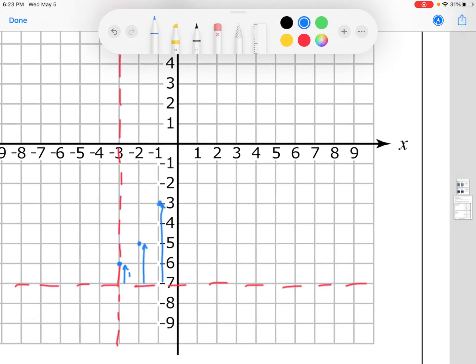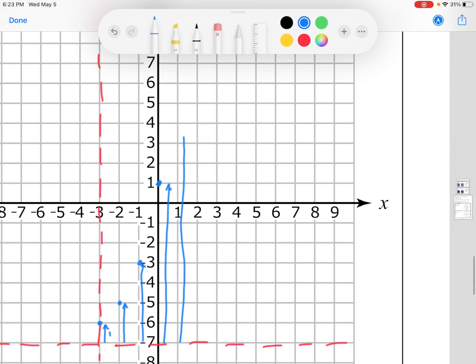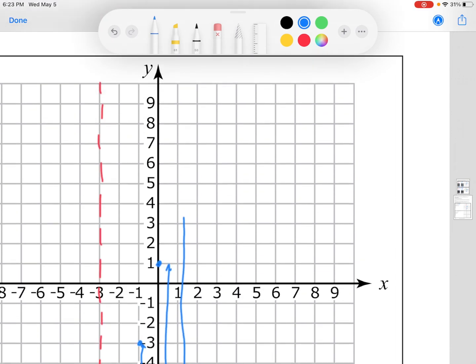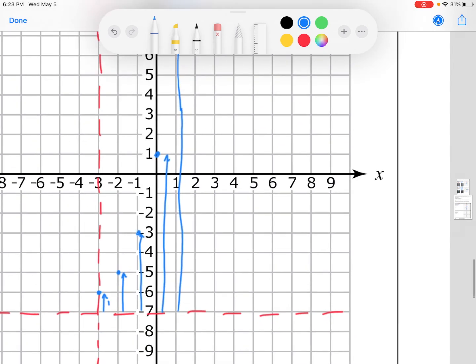So if this one is 4 grids above, the next one will be 8 grids above, and that would take me up to here. And then one more would be 16 grids above. So along this grid line, I have enough grids to do 16 above. And 16 above would be right here. Notice that I knew I was 7 units below, and 7 plus 9 is 16.